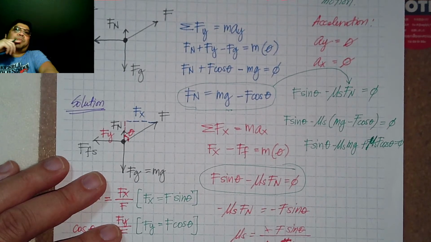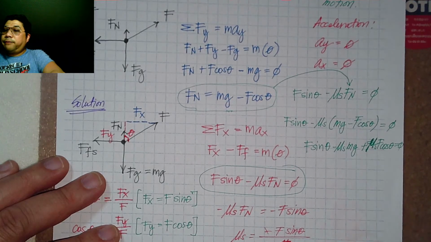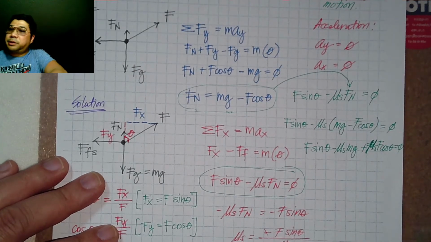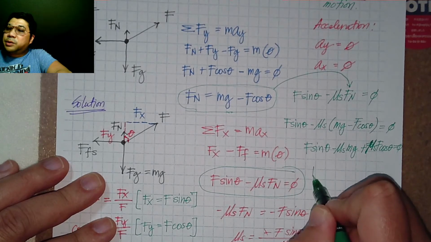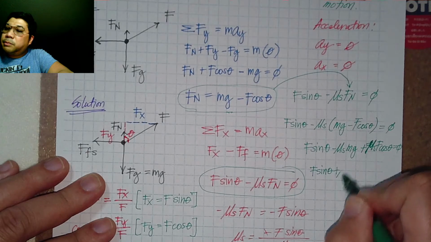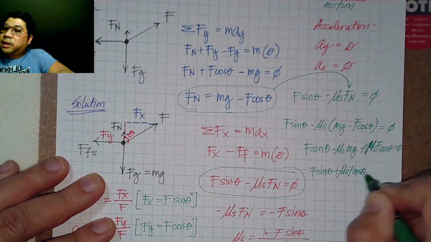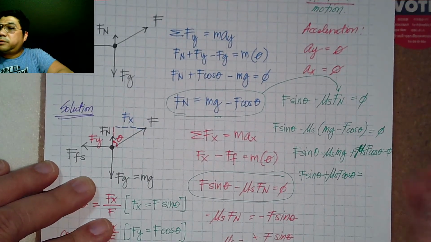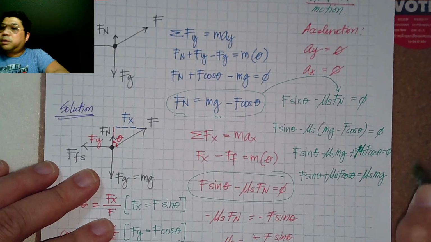Now let's combine all the coefficients with the same variables. Put all the same variables on one side of the equation. So I'm going to have all my F's: F sine theta plus mu s F cosine theta. And then on the other side of the equation, from negative it changed into positive: mu s mg.